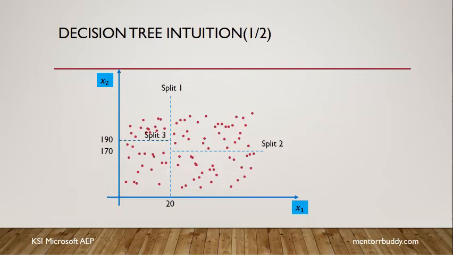Let's say I made a third split, again with x2, where the values are greater than 190 and less than 190. Then there is the fourth split where x1 values are greater than 40 and less than 40. Now guys, while we perform these splits, the decision tree algorithm has different criteria to do so.